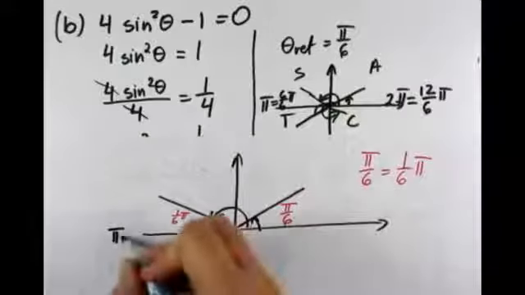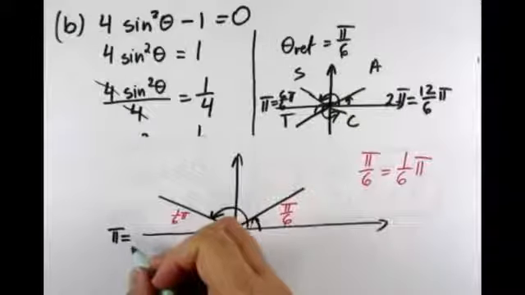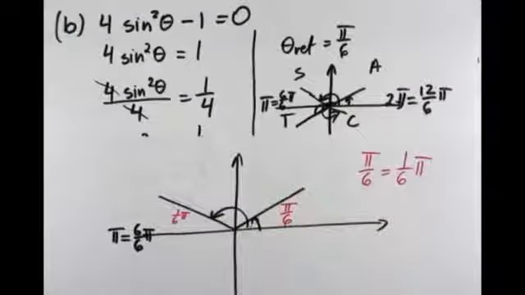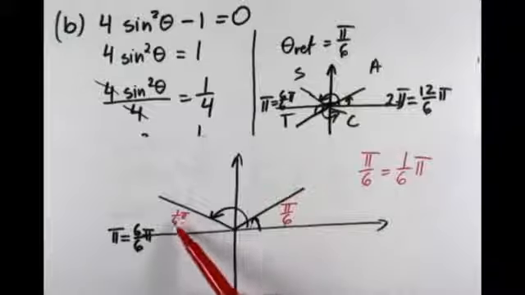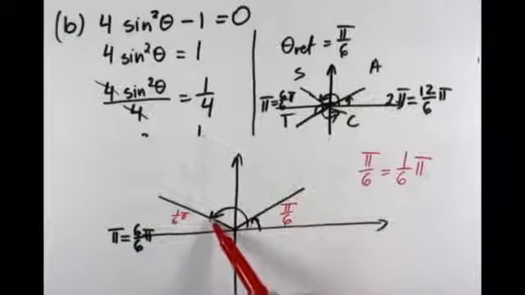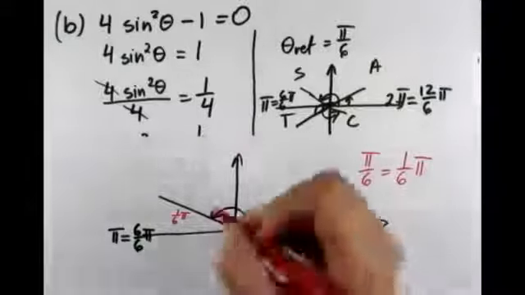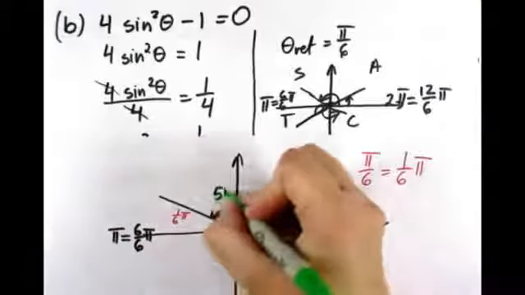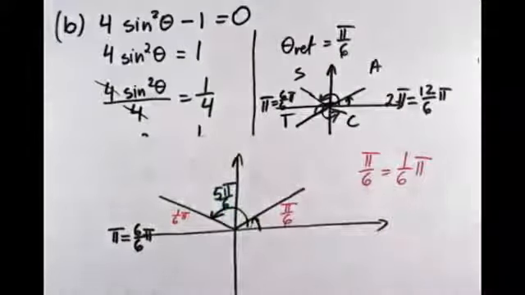And you need to think in terms of 6. 1 in terms of 6 is 6 over 6 pi. So now you have 6 over 6 minus 1/6 gives you 5/6. So this angle is 5 pi over 6.